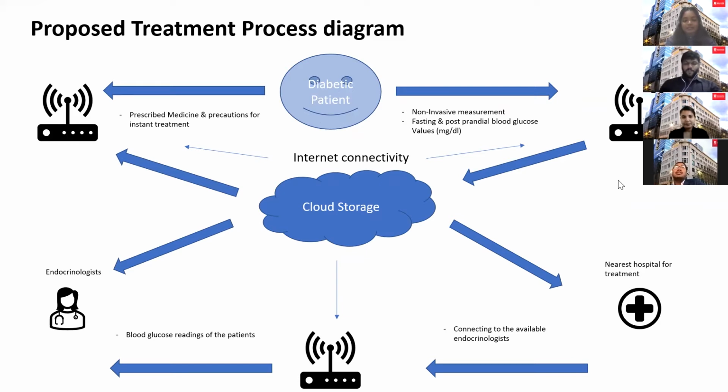The doctor makes his analysis and can provide the necessary prescription and food changes in real time. So there is instant feedback and instant connection between doctors and patients. You don't have to just sit back and wait for your result. The whole thing is quite simple. Yeah, next please.